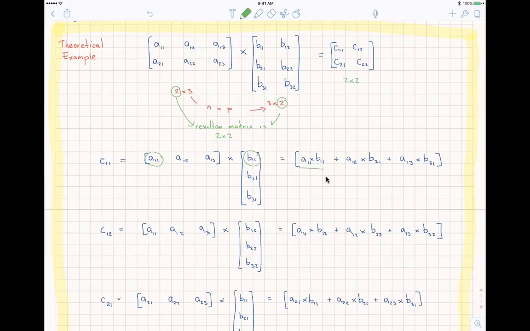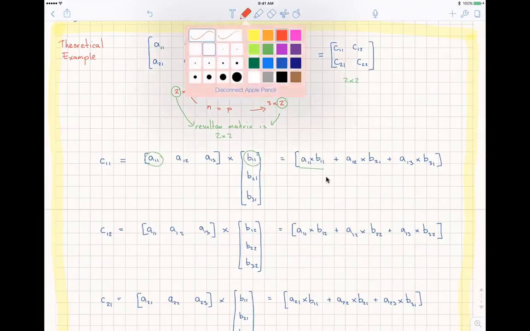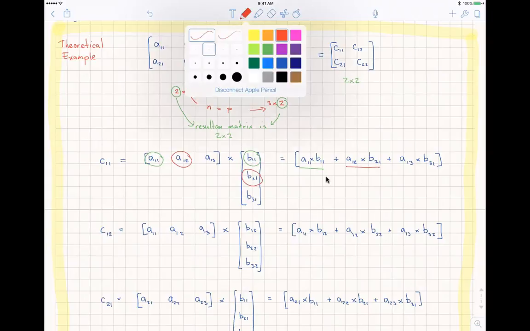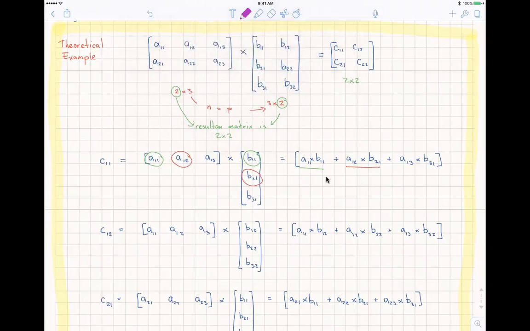Then we add that to A12 times B21. And then we add that to A13 times B31. And we get the result C11.